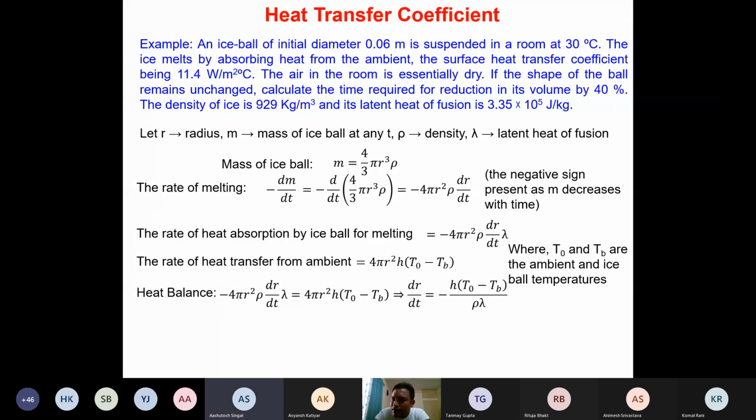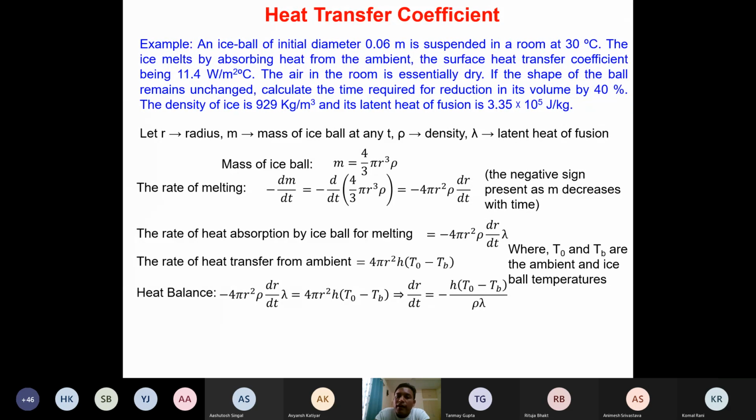Yes, that is fine. I understood the rate of melting, but why did we multiply with lambda for heat absorption? So now, this rate of melting we have obtained, and we wanted to find out how much energy is absorbed by the ice ball.